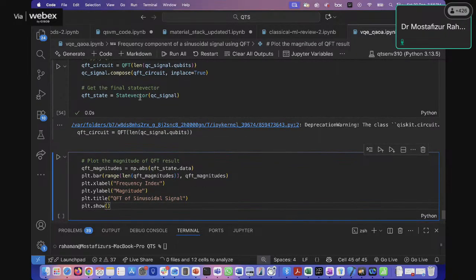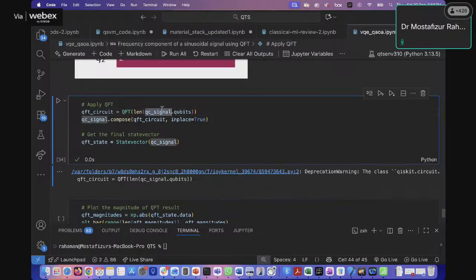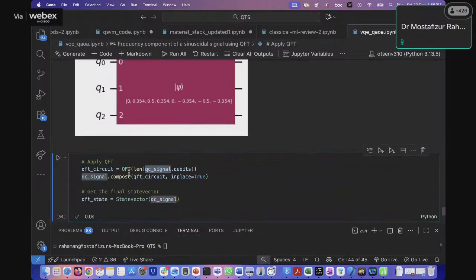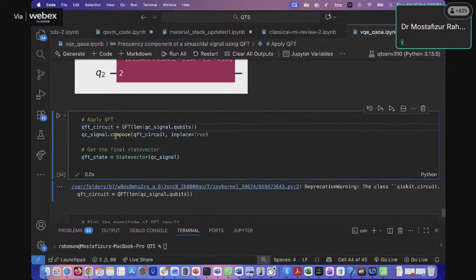Once you simulate it, what we have done is I have an encoded signal, right? I have encoded the state like this. Then I apply the quantum Fourier transform on this particular state. Once I have done that, I stored it in a variable, basically a QFT circuit.